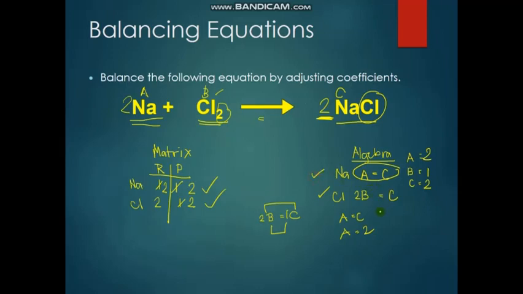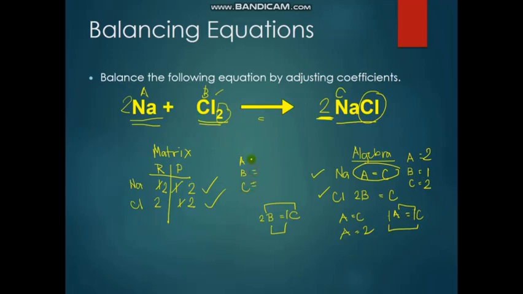So we have A is equal to C. Therefore, we can use A is equal to C. The same process, get the proportions, ratios rather. So you have A is equal to 1, C is equal to 1.